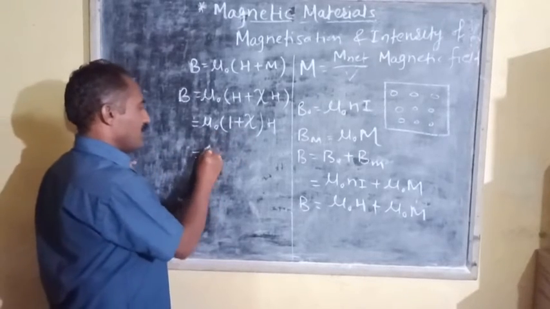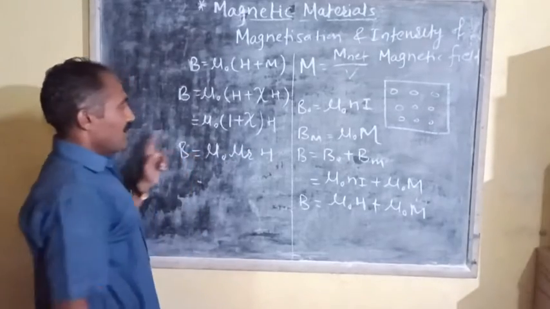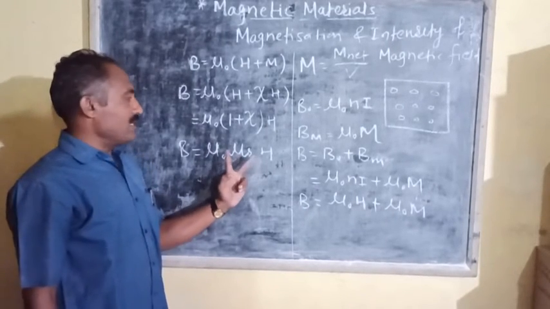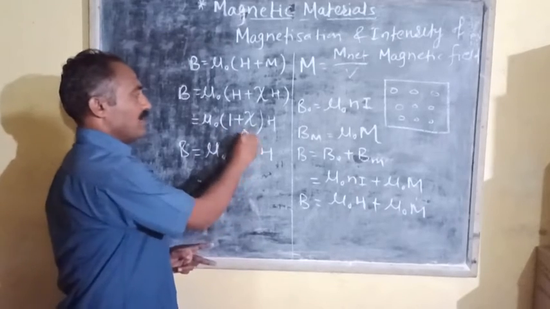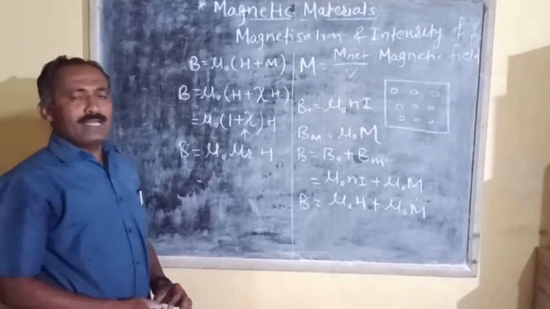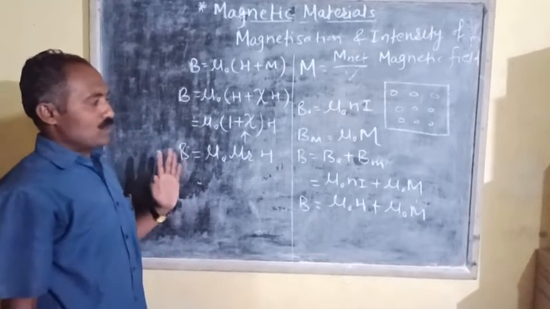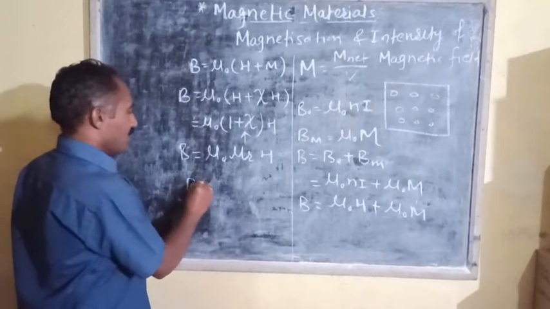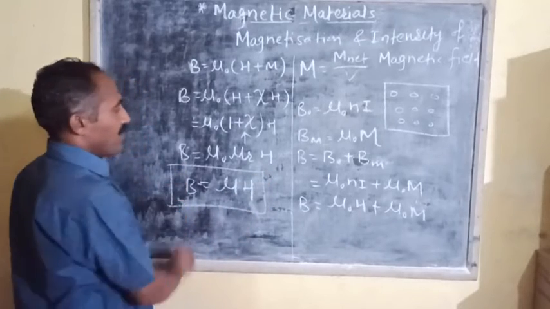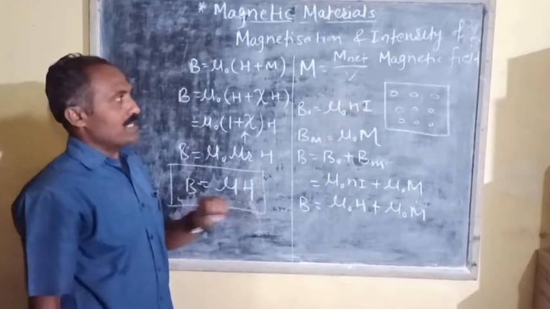Therefore B is equal to mu 0 mu r into H. Here mu 0 is the absolute permeability, mu r is the relative permeability, and this relative permeability is equal to 1 plus Xi. In other form, if mu is the permeability of the magnetic material, then we can write B is equal to mu into H, where mu is the permeability and H is the magnetic intensity of the magnetic field produced by the solenoid.